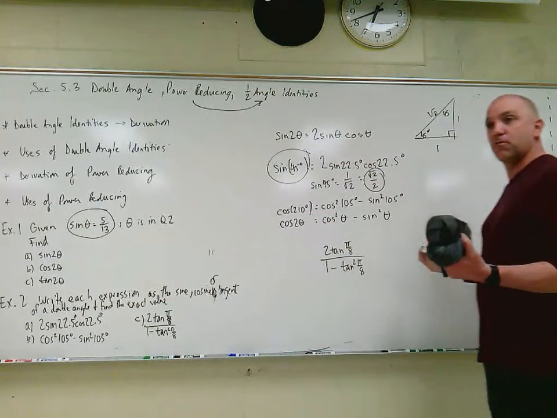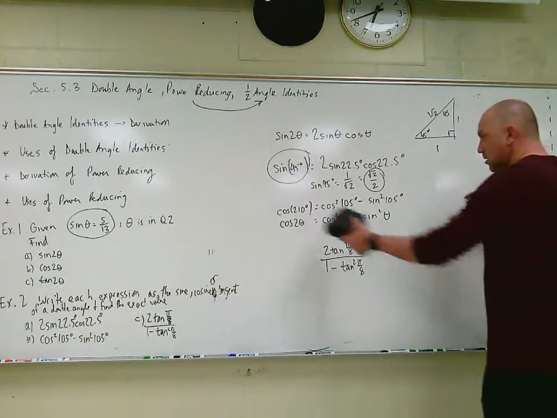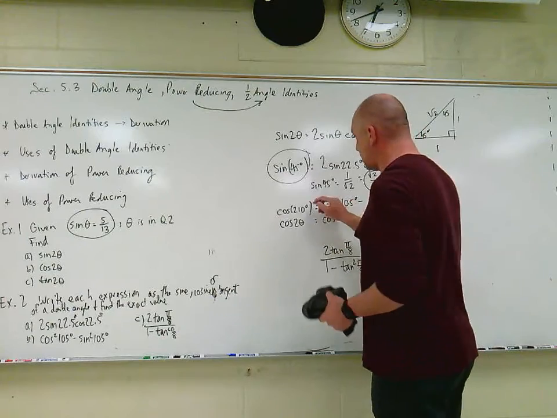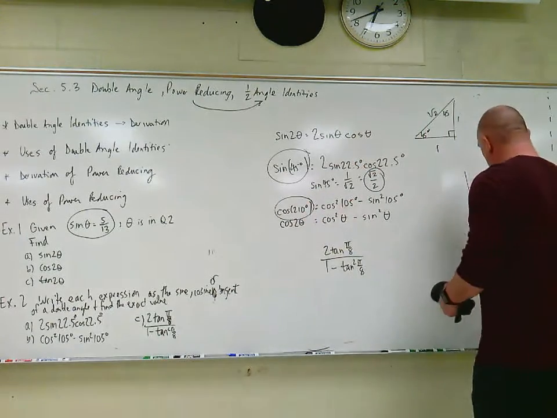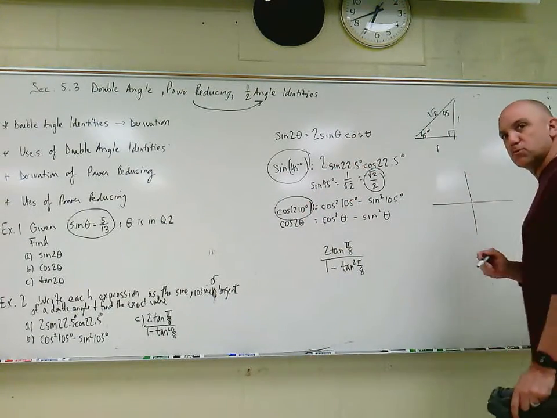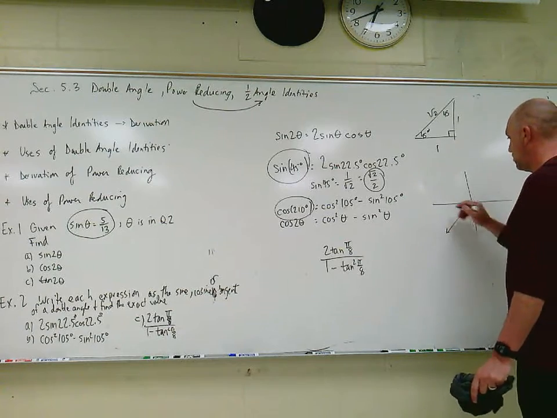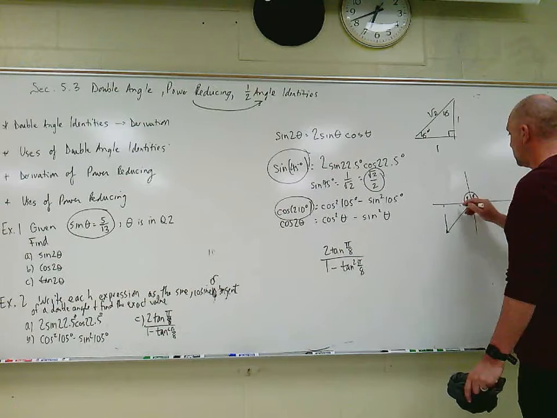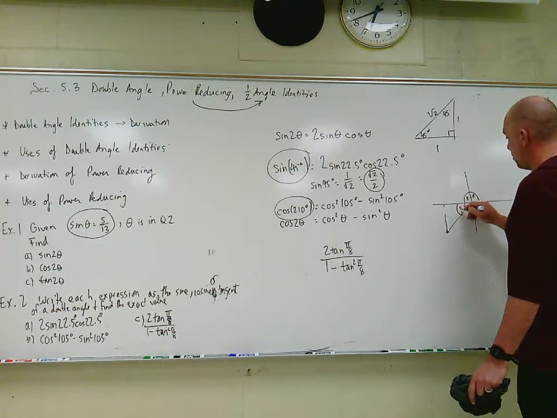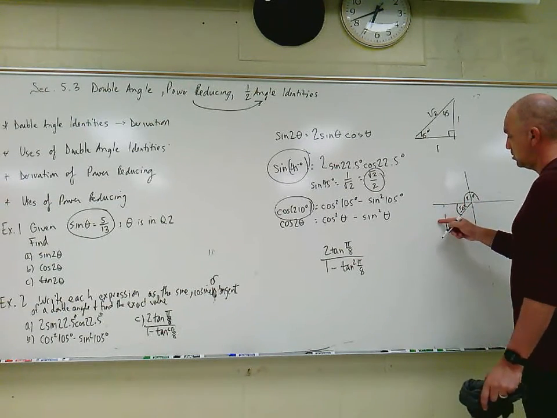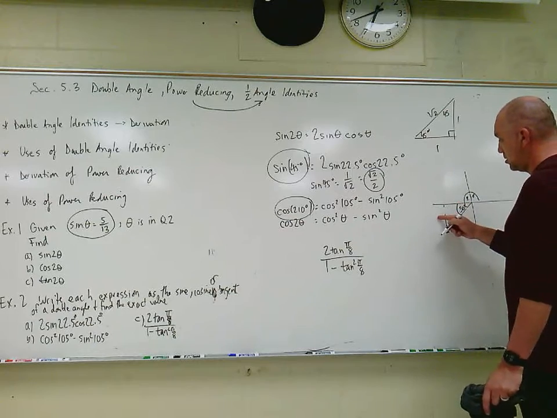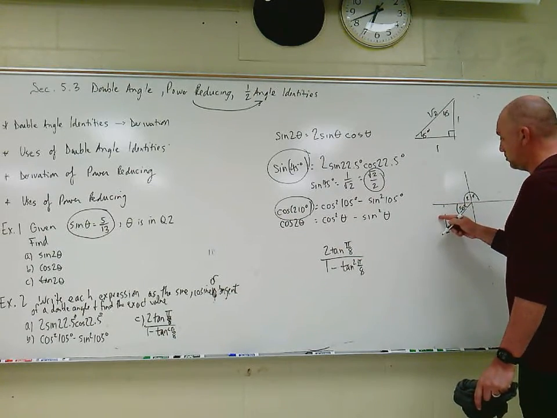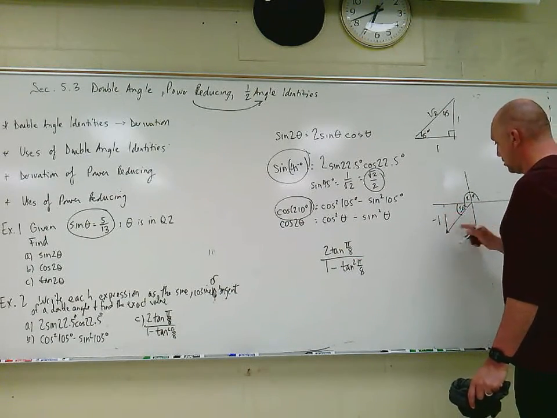Well, I need a triangle for that one. I don't have that memorized. So if I want to work this out, I'm just going to do cosine of 210. My triangle should be in which quadrant? 3. That's 210 degrees. What's my reference angle? 30. Opposite? Negative 1.